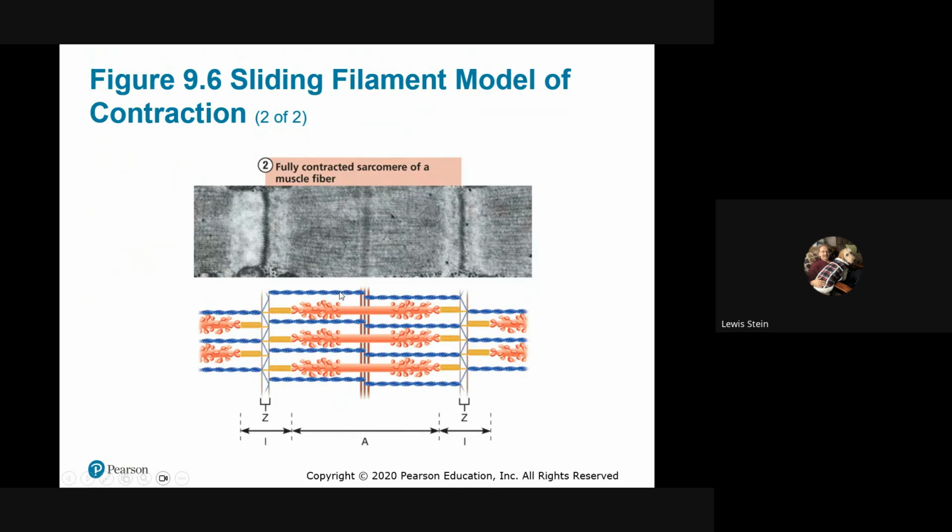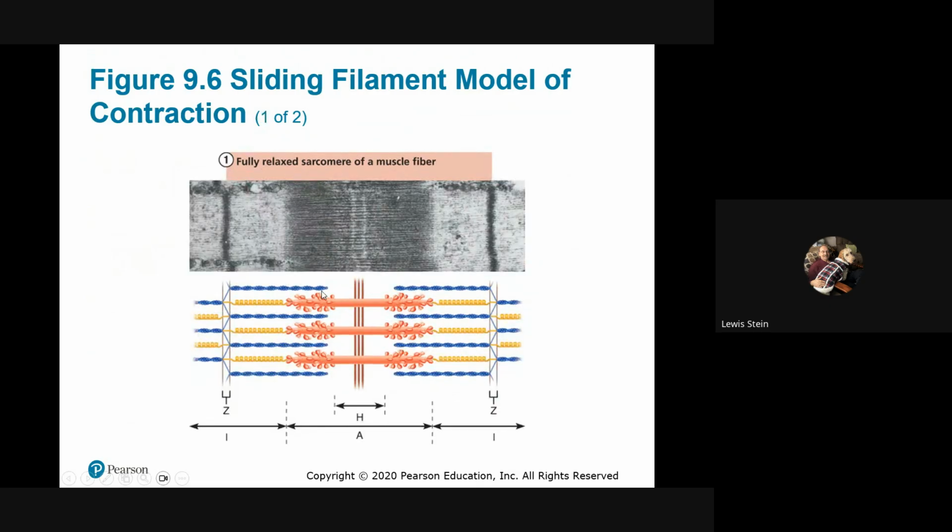How far can any individual sarcomere contract until effectively those actin filaments reach that midpoint there? And effectively what has happened, the area of overlap has been significantly limited. You have a greater amount of overlap here versus here. You don't have that much here, but these are going to go right to the end, as you will see.